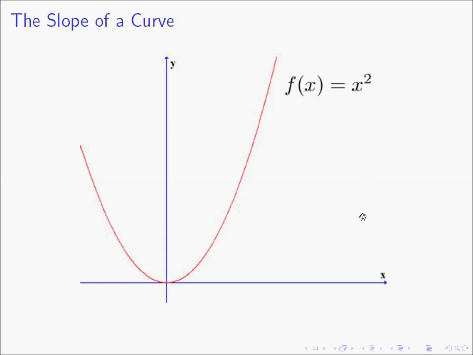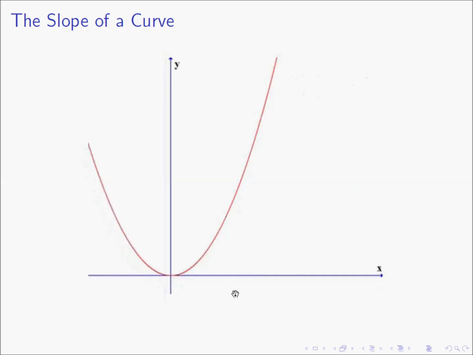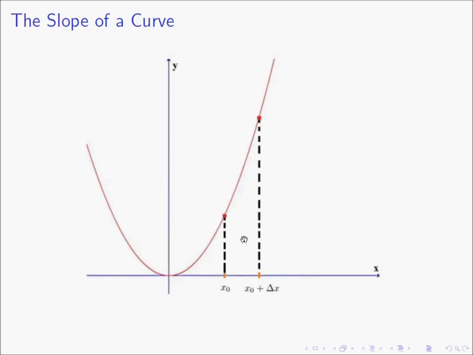The natural thing to do is to try to do something similar to what we did with a line. We're going to take a point x0 here in the x-axis. We're going to take another point that we're going to call x0 plus delta x. This is just another point. Delta x is a number. We're going to consider the values of the function at these 2 points.